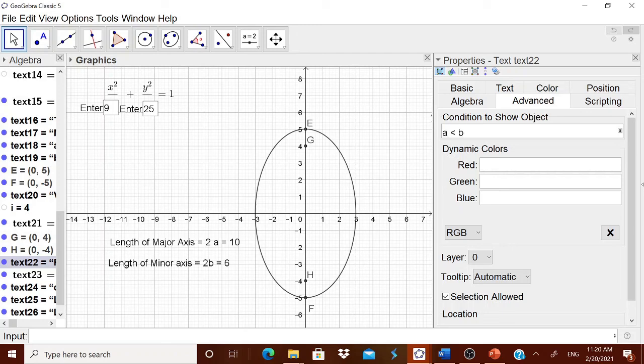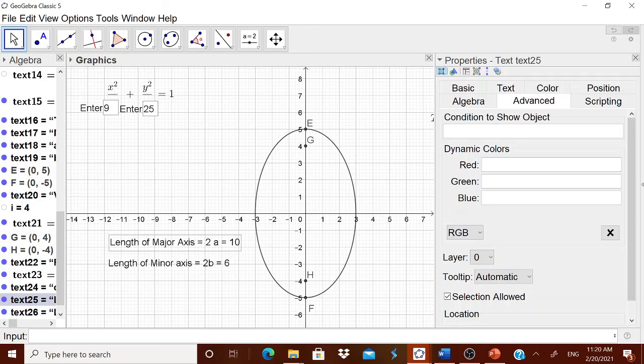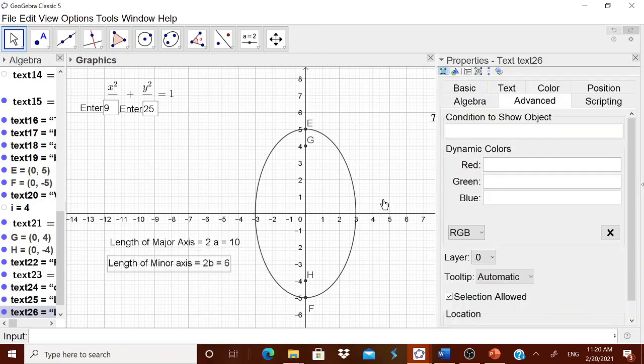In the previous case it was on the x-axis, now it is on the y-axis. Even the A and B are getting changed. Therefore, everywhere you should have patience. That's why I have copied that condition and I am putting it over here.